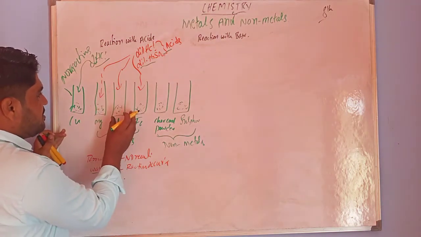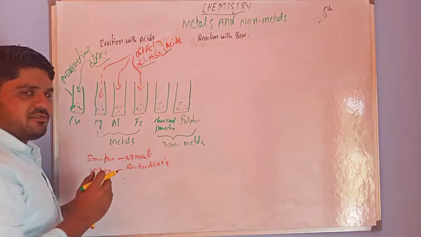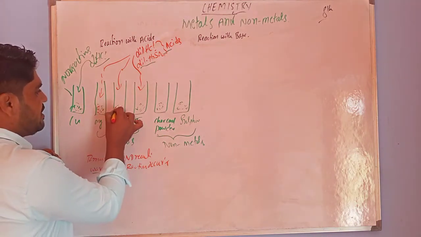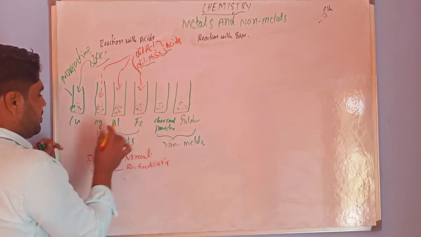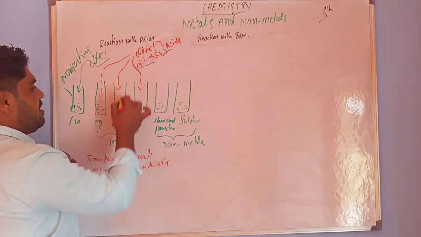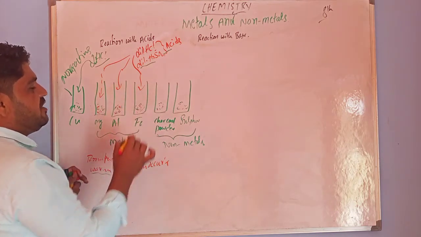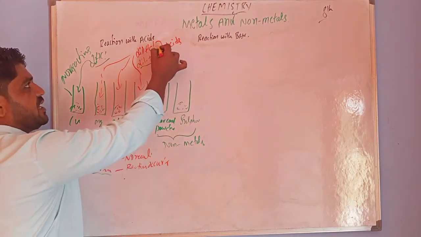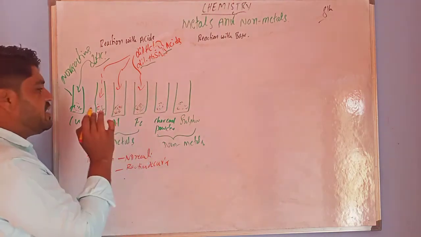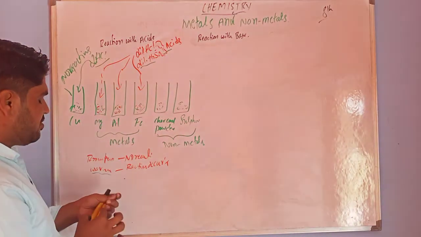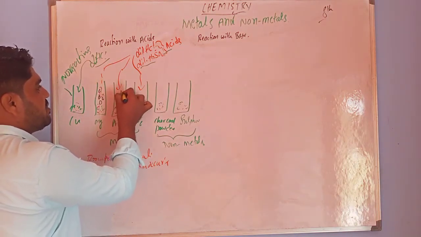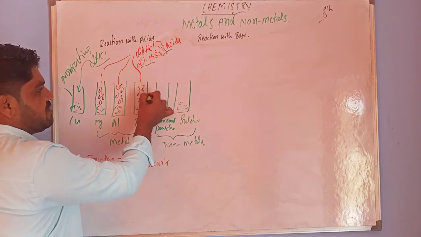So let's come to the main point. When metals react with acids, in the test tubes with magnesium and dilute HCl, aluminium and dilute HCl, and iron and dilute HCl, we can carefully observe air bubbles, which means gas is produced.